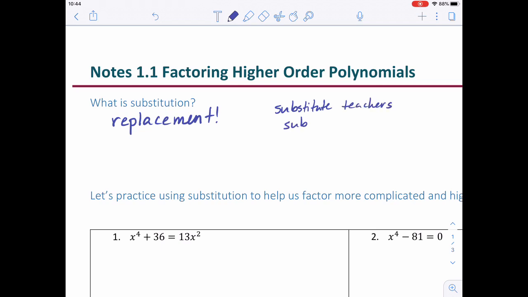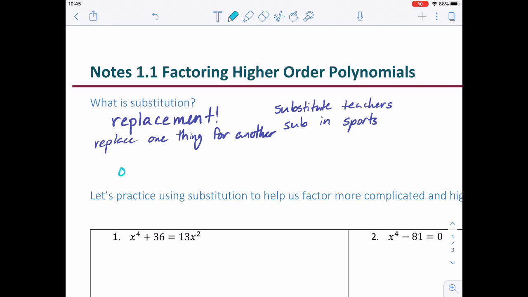You can sub someone in, in sports you sub someone out. So we're replacing one thing for another. So what does that mean when we're talking about factoring? What are we going to replace and what are we replacing it with?